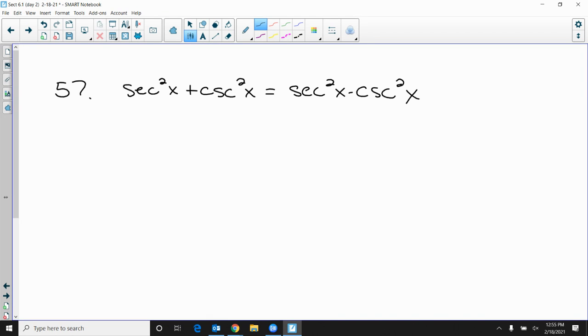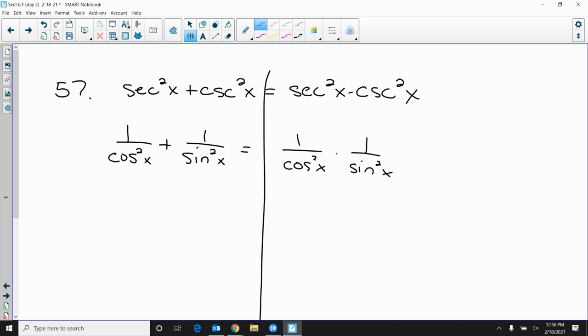What did we say you have to do before you give up? Convert to sines and cosines. You got to do that. So this is 1 over cosine squared plus 1 over sine squared equals 1 over cosine squared times 1 over sine squared.